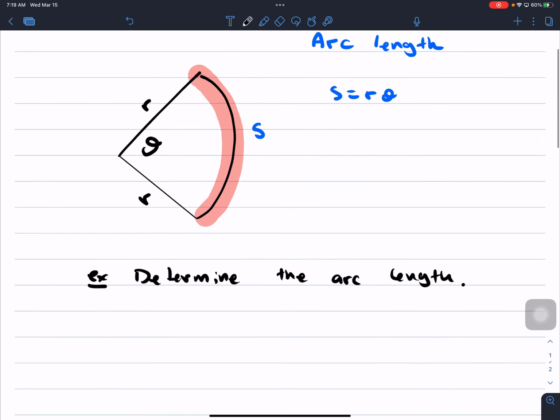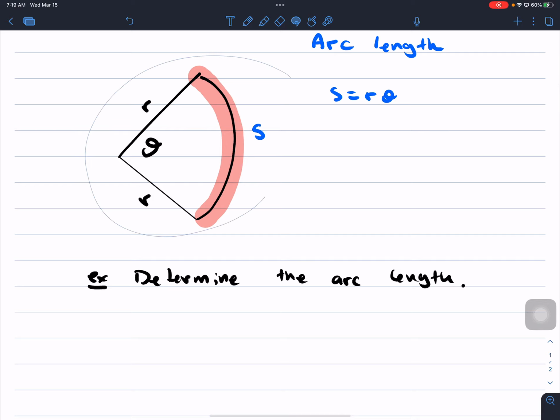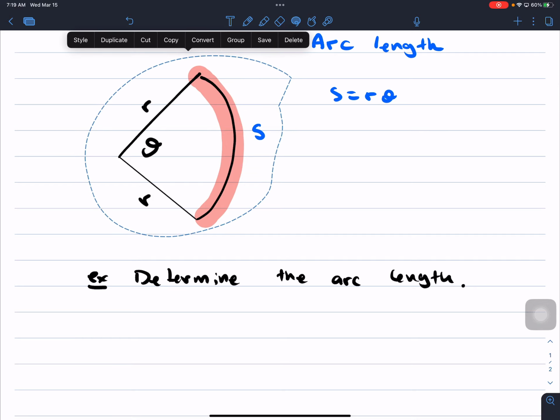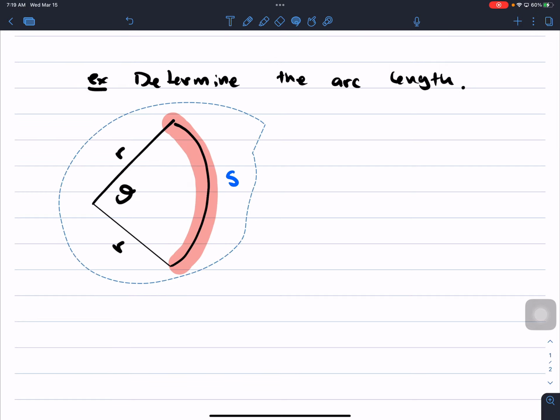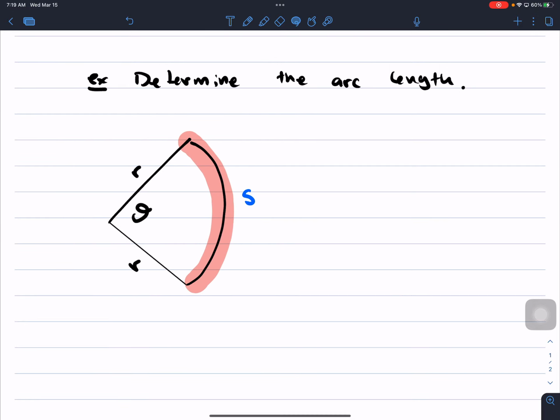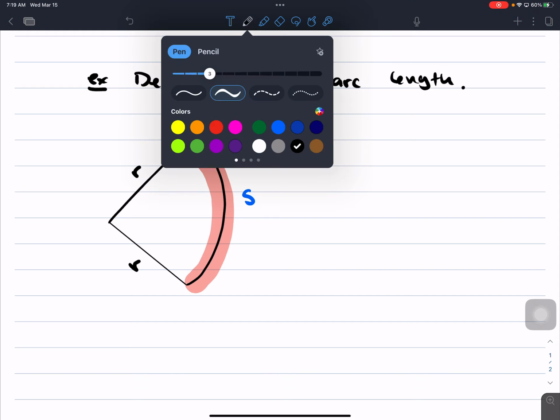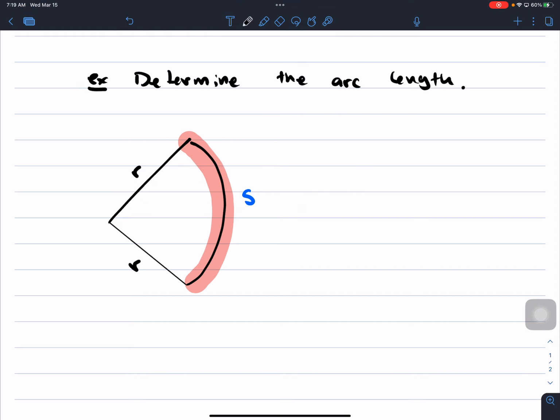Determine the arc length. I'm going to start very, very simple in a way here. I'm going to say this measures 30 degrees, okay? And then this measures, we're going to say, I don't know, 5 inches, okay?